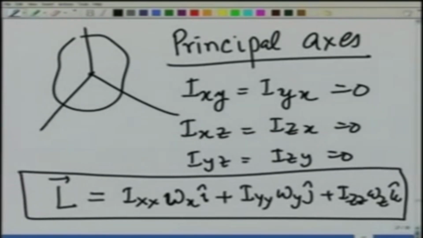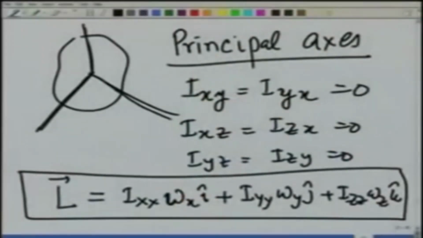For any rigid body at any point, I can find a set of axes which are obviously oriented in a certain way about the body. So, they are very specific to the body and attached to the body, so that the off diagonal elements of the moment of inertia tensor are 0, and L assumes a very simple form like this.